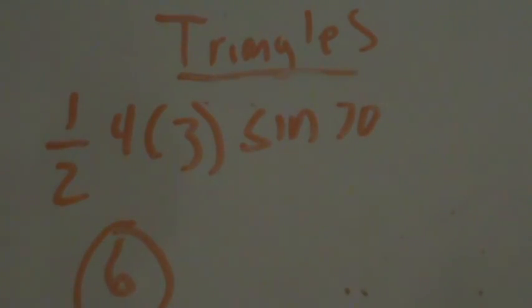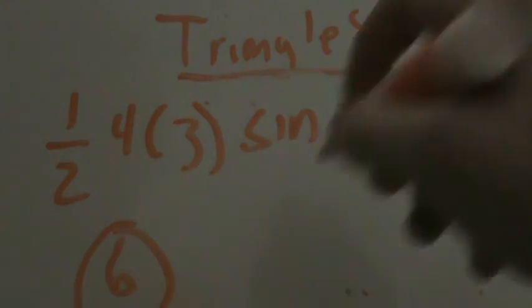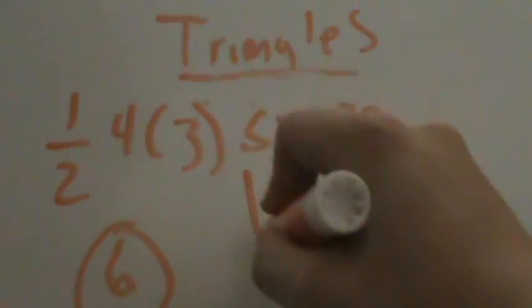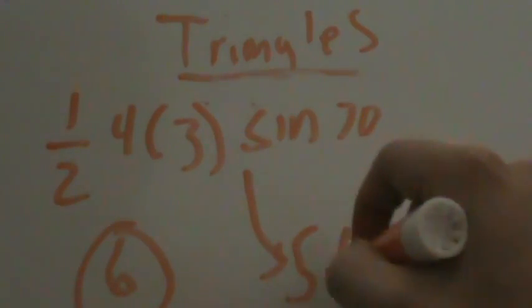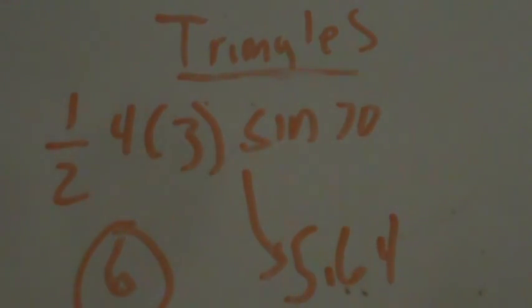Now let's see how much it changes when the angle between them actually gets smaller. So what happened here? Well, the area actually got smaller. This right here is equivalent to 5.64.